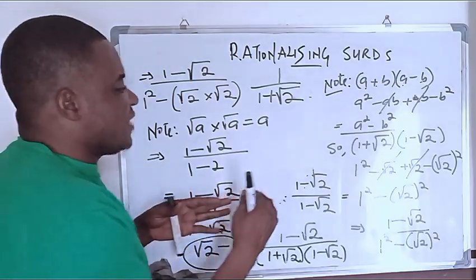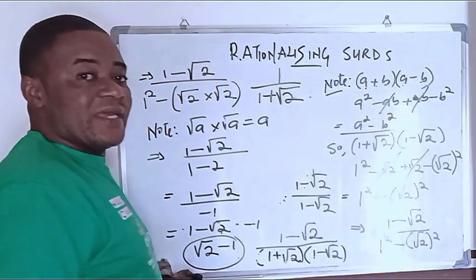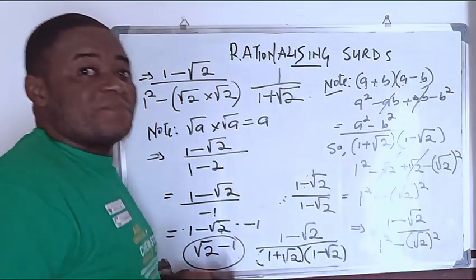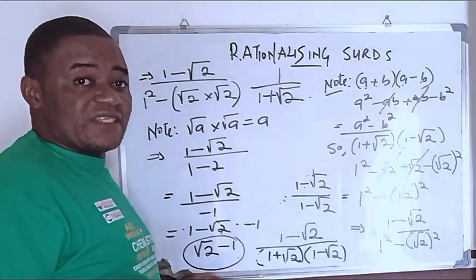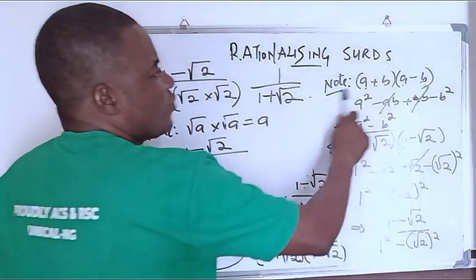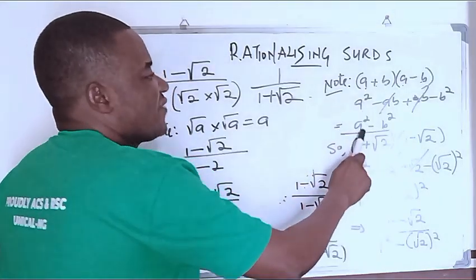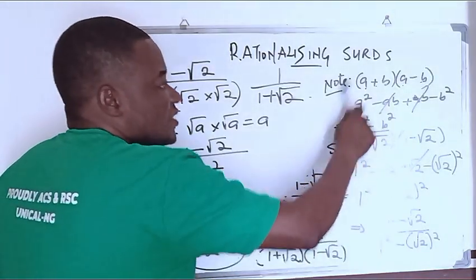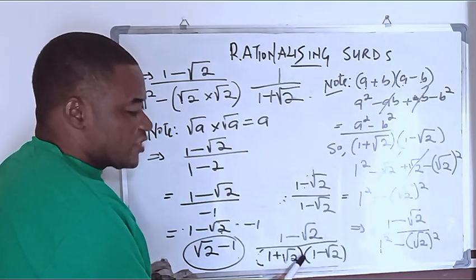And we brought ourselves down to a point where we have to do what? Solve this problem by simply expanding into a quadratic equation. And we said there is a rule to doing that. And we followed the rule and arrived at this. We introduced this rule to solving the denominator of this surd.